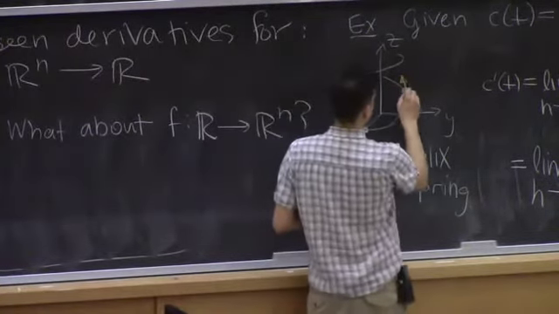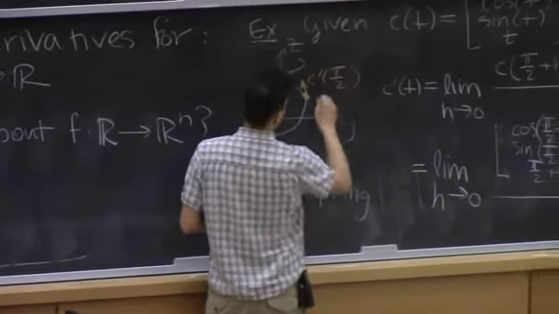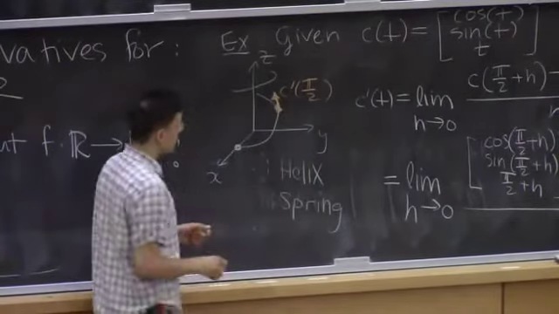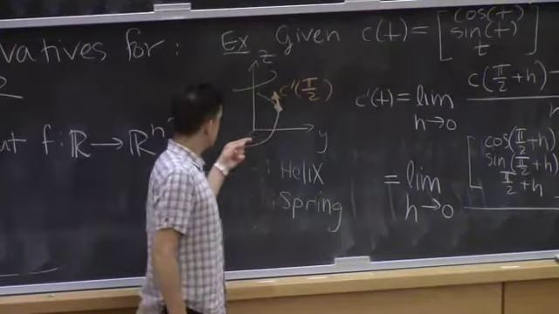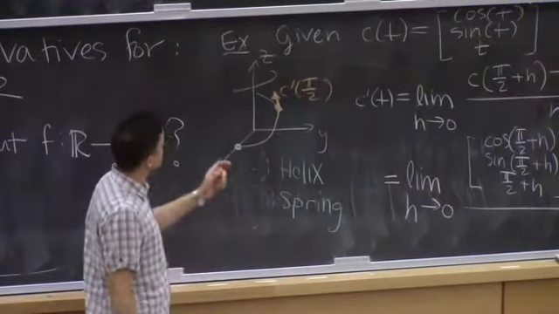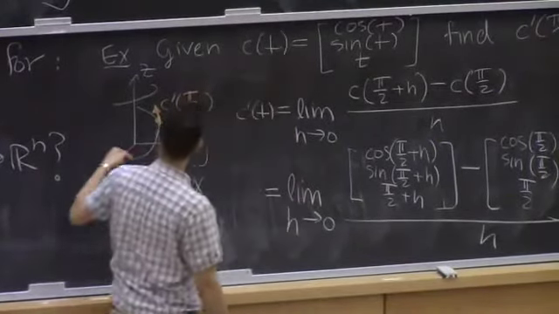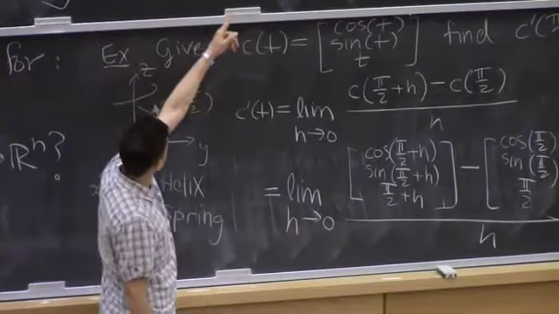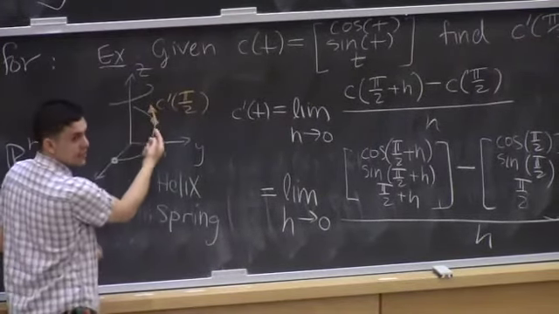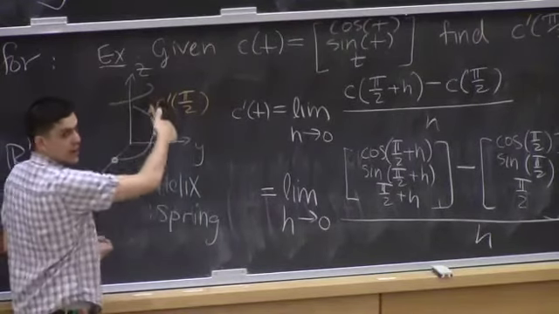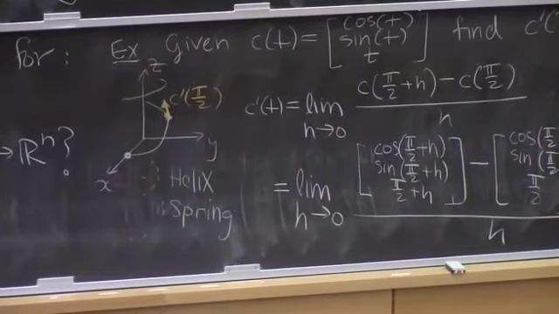So this guy here represents c prime of pi by 2. That tangent vector represents what we're doing in space as we move. We can see that we're going upwards because z is equal to 1 there, and we can see that we're going into the board because x is negative. So we're going into the board and up. Are there any questions about the physical interpretation of what's going on there?